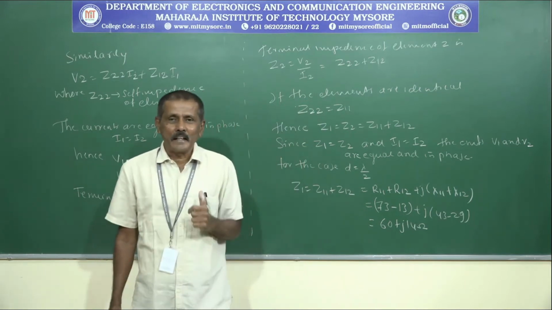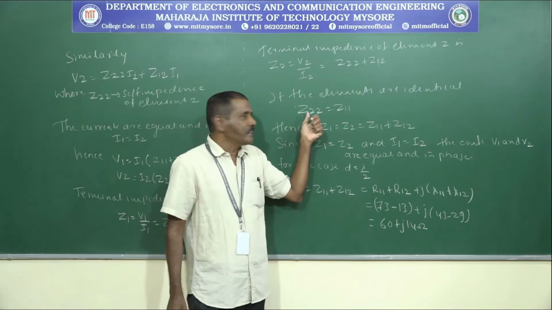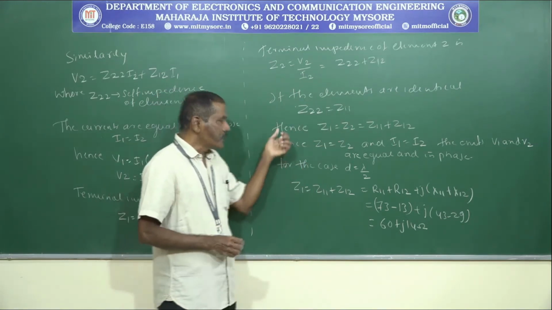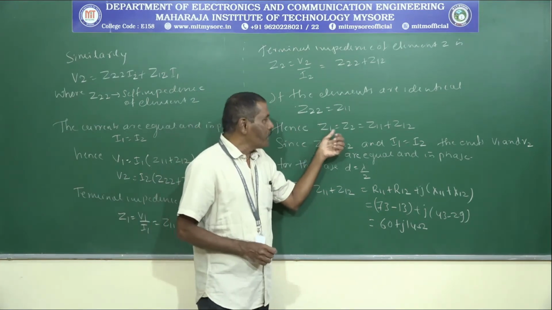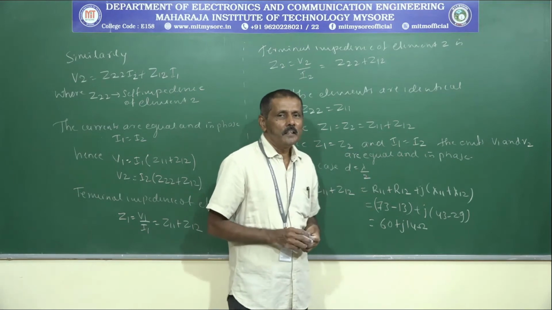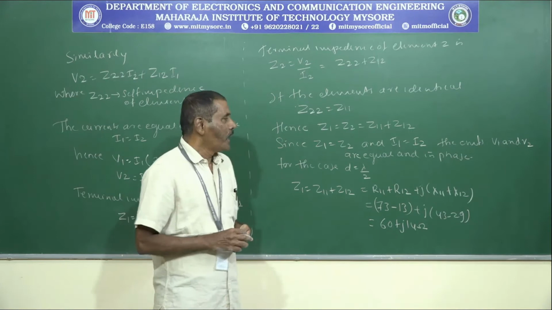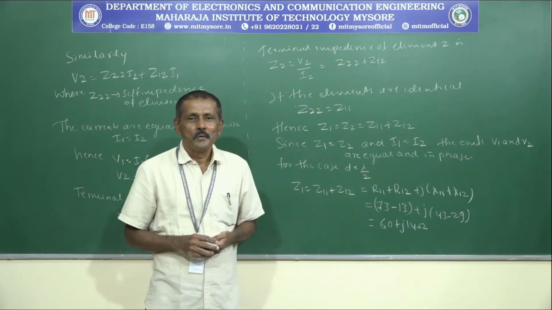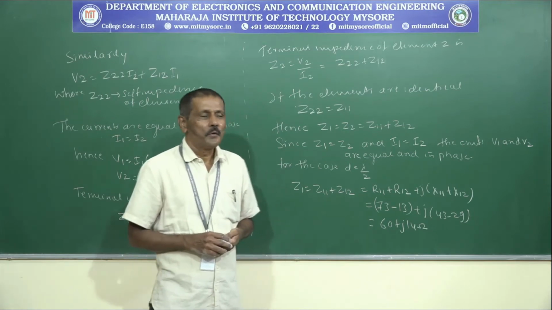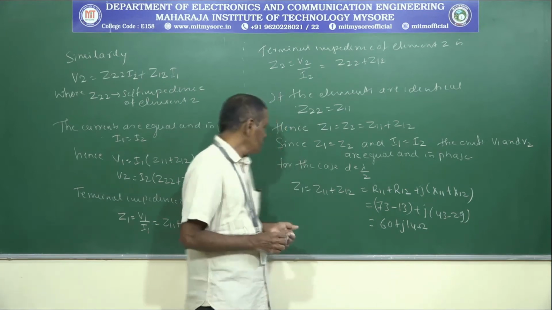If the elements are identical, then Z22 is equal to Z11. Hence, Z1 equal to Z2, which is equal to Z11 plus Z12. Since Z1 equal to Z2 and I1 equal to I2, the EMFs V1 and V2 are equal and in phase.